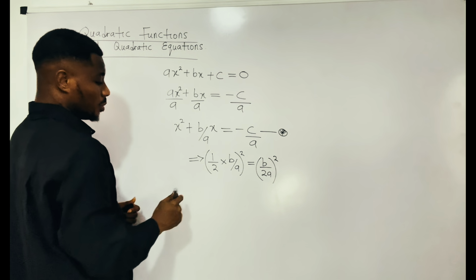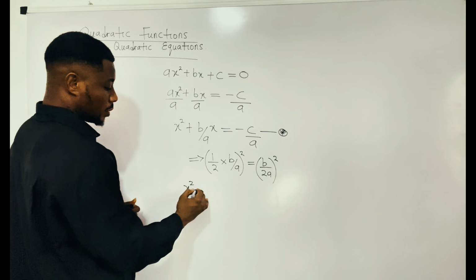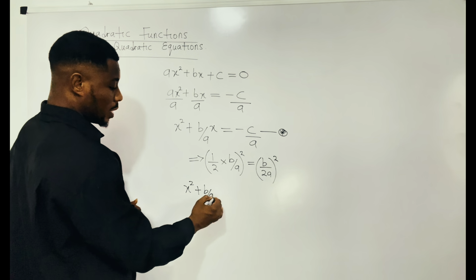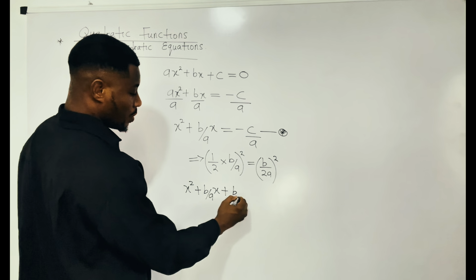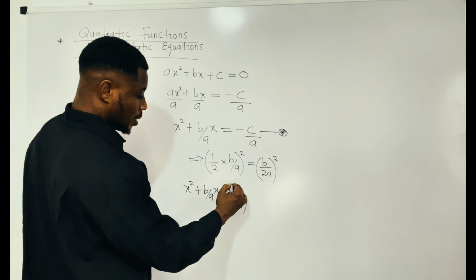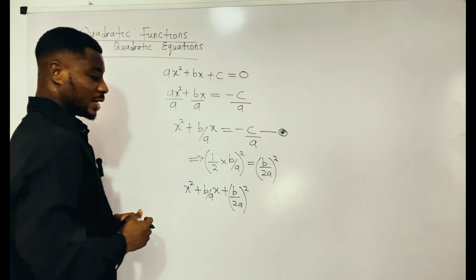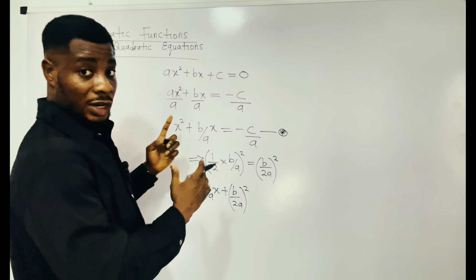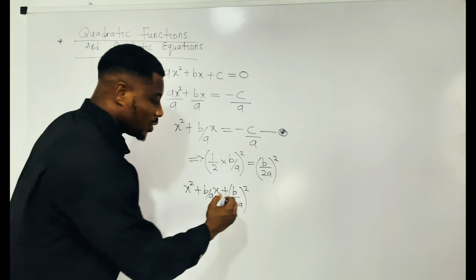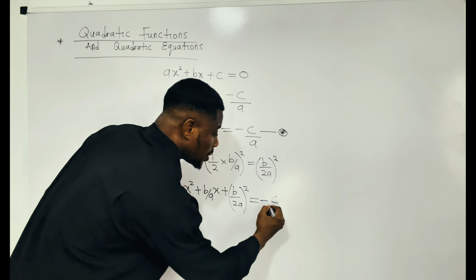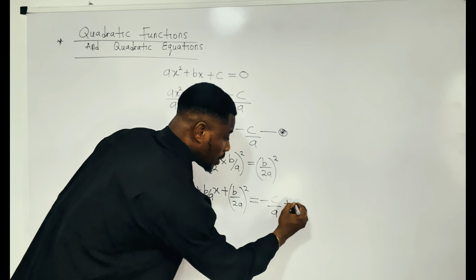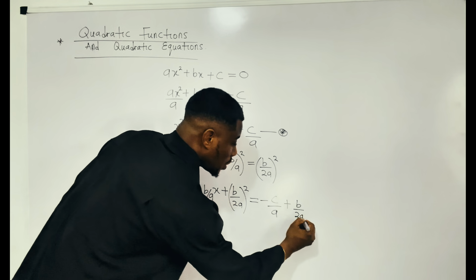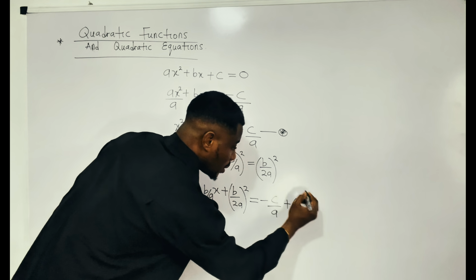If I add to this side, I'll be having x squared plus b over a x, then adding this, I'll be having plus b over 2a squared. I've added to the left hand side. Now let's add to the right hand side. We'll be having equal to minus c over a, and if I add this to the left hand side, I'll be having plus b over 2a squared.